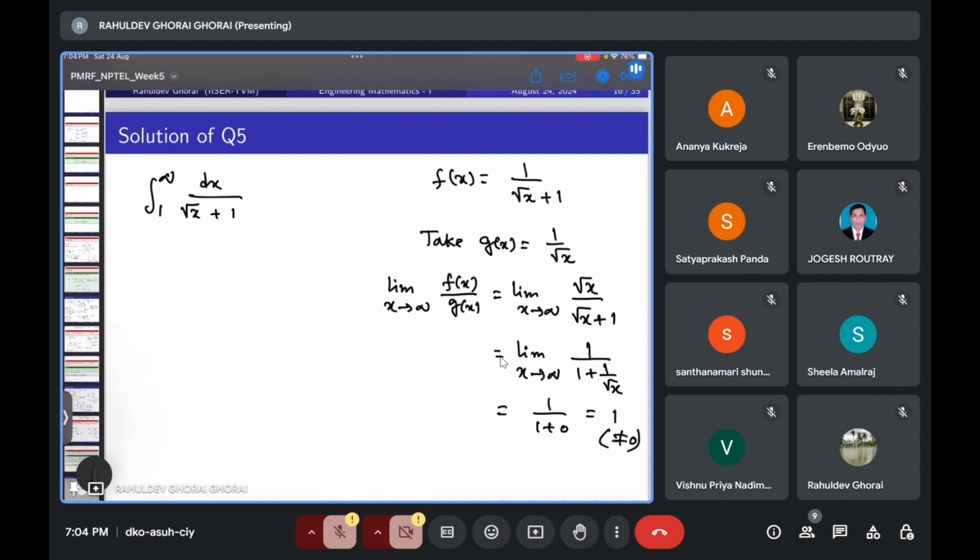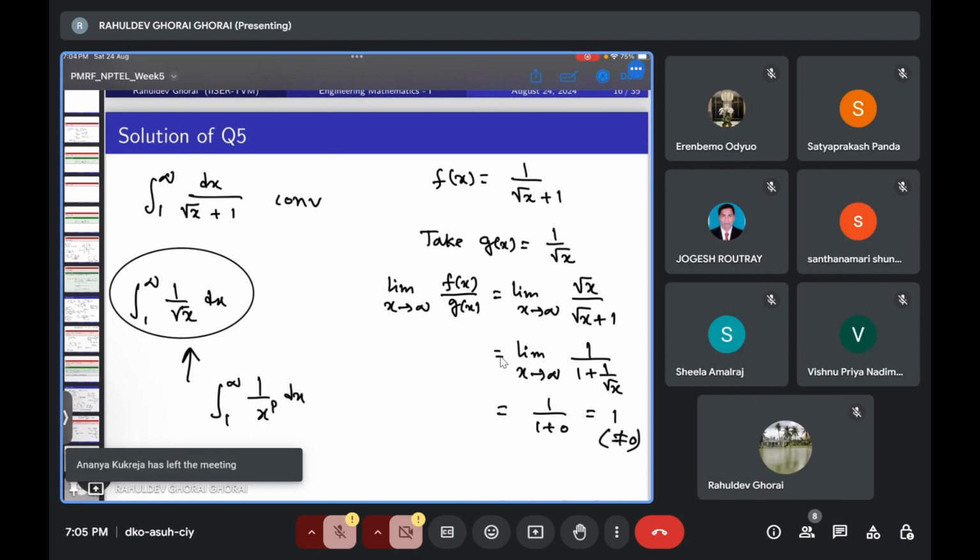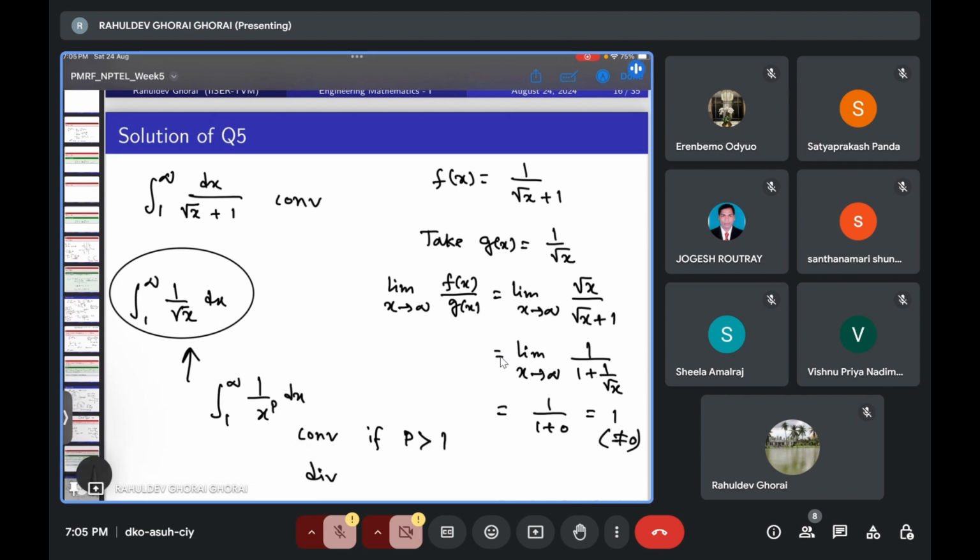So we can say that the integral from 1 to infinity of 1 by square root of x dx converges if and only if this one converges, right? Now we know about this one. The integral from 1 to infinity of 1 over x to the power p dx converges if p is strictly greater than 1, diverges if p is less than or equal to 1.